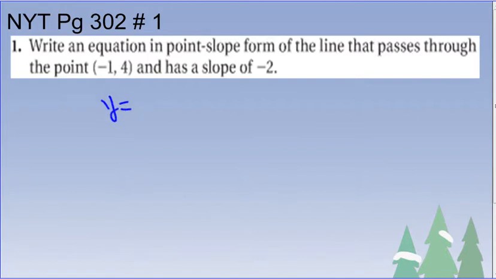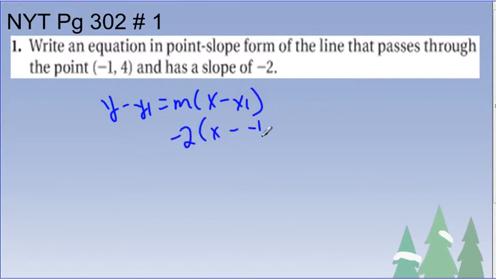All right, oops, not y equals. I'm so used to y equals. So y minus y1 equals m times x minus x1. There's our equation. Our slope is negative 2. Our x value is negative 1. Our y value is 4. Now this minus a negative 1, we're going to change into a plus 1.